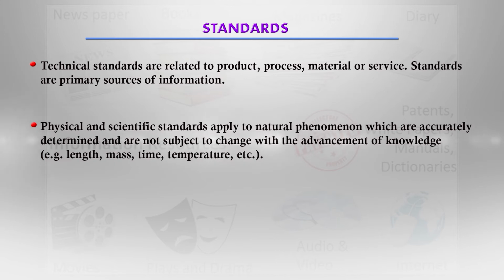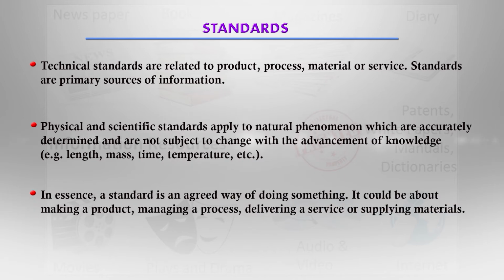Physical and scientific standards apply to natural phenomena which are accurately determined and are not subject to change with the advancement of knowledge. For example, length, mass, time, temperature, etc. So, technical standards are generally related to products and services, and physical and scientific standards are related to some fundamental kind of knowledge and information.